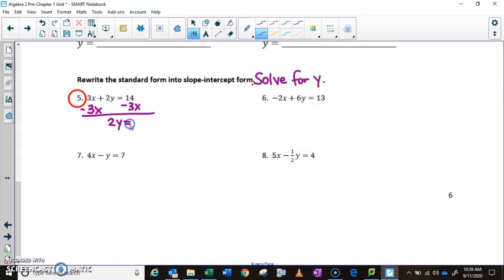So 2y will be -3x plus 14. Remember, they're not like terms. We can't combine them. Divide each term by 2. So y is -3/2 x plus 7 in slope-intercept form.